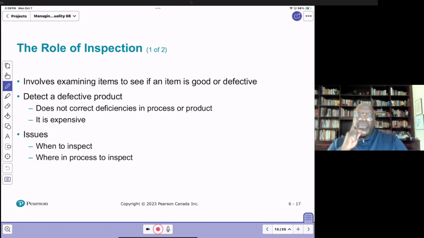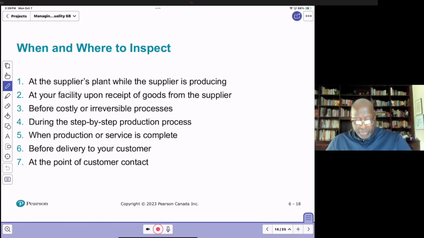So we have to determine when to inspect and where in the process to inspect. So you saw the MRI process. Do we inspect all aspects of the MRI process, or are we going to focus on one particular area? If the data is showing that one particular area seems to have an issue, then we actually inspect that area more to learn more about what's going on. All right.